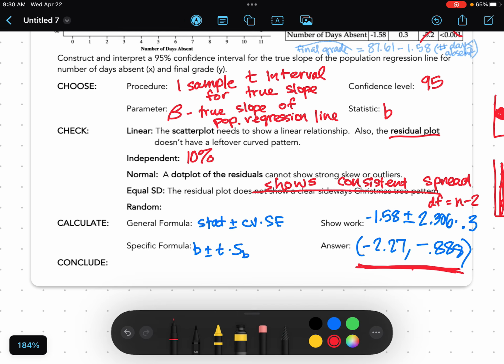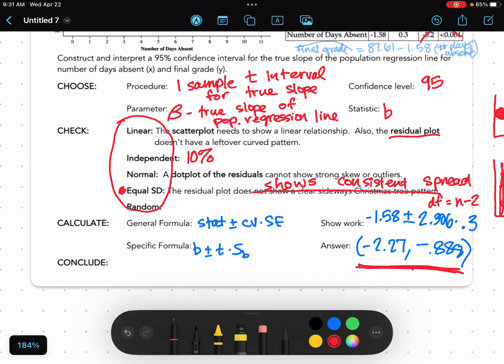So the conditions here, you guys, are a lot. In my experience, if they put this on the AP test, this unit is usually 2 to 5% of the test. So it's not a lot of the test. That's why I'm only spending like 2 days on it. But they might ask a multiple choice question about it, like, would it be reasonable to do an inference procedure with a residual plot that looks like this?